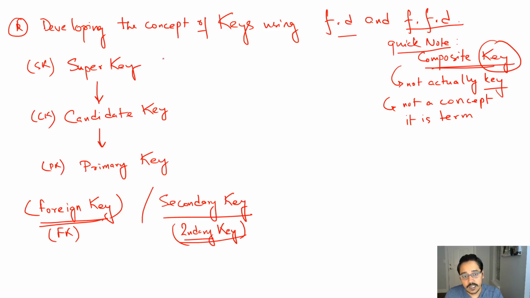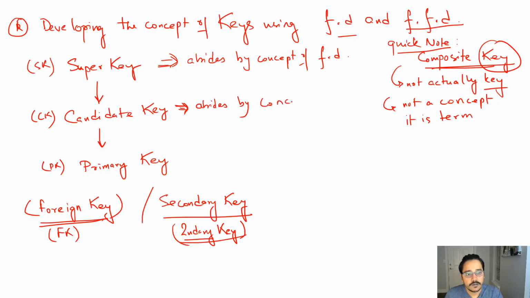So I'll just quickly go over the concepts now, one by one, and relate that to functional dependency. Any key is a super key if it abides by the concept of functional dependency. Any key is a candidate key that abides by the concept of full functional dependency.